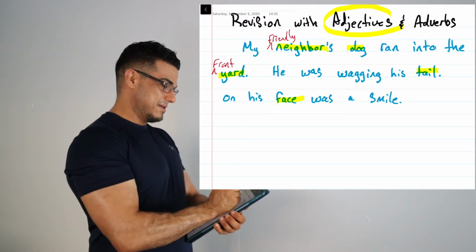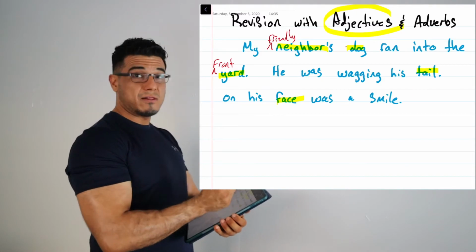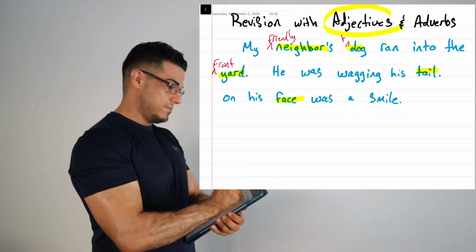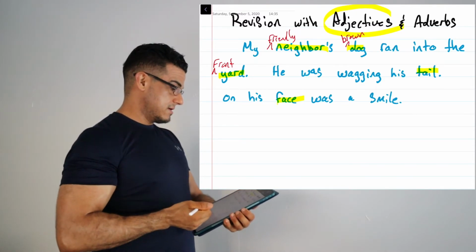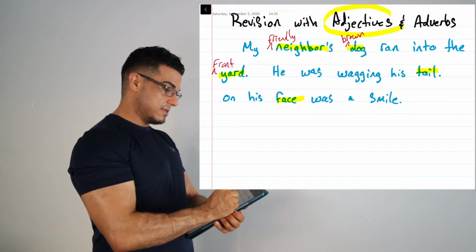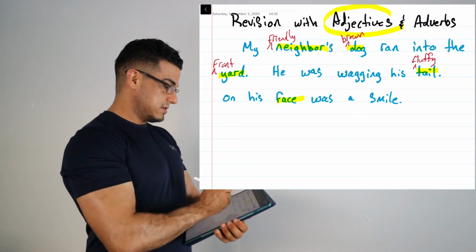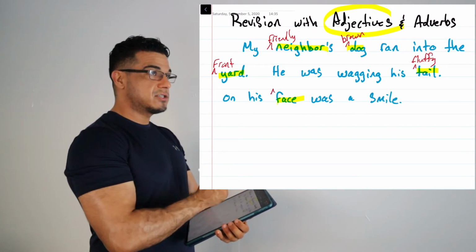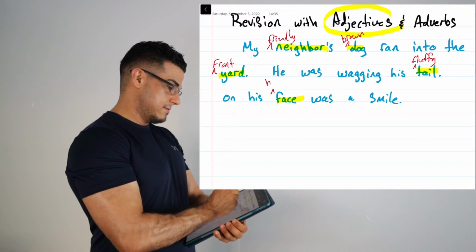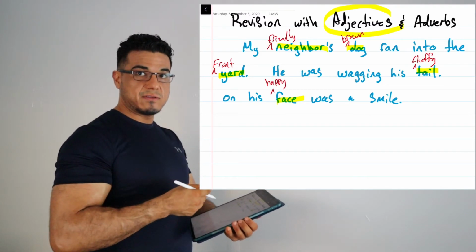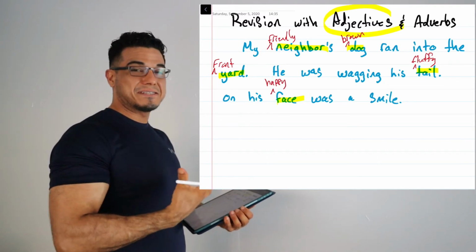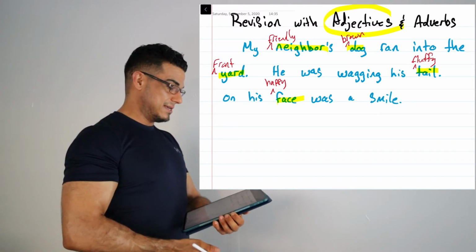Neighbor's dog, and I can give this a color, so brown would be an adjective. He was wagging his tail, and then I could describe that tail as fluffy. On his happy face, to describe the way he's presenting it, was a smile.